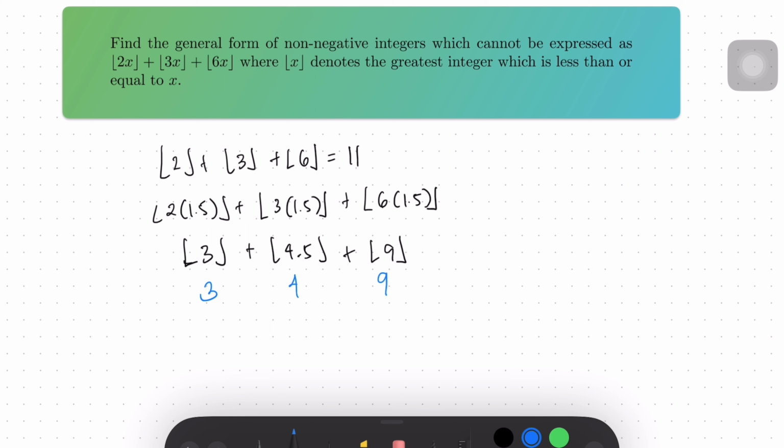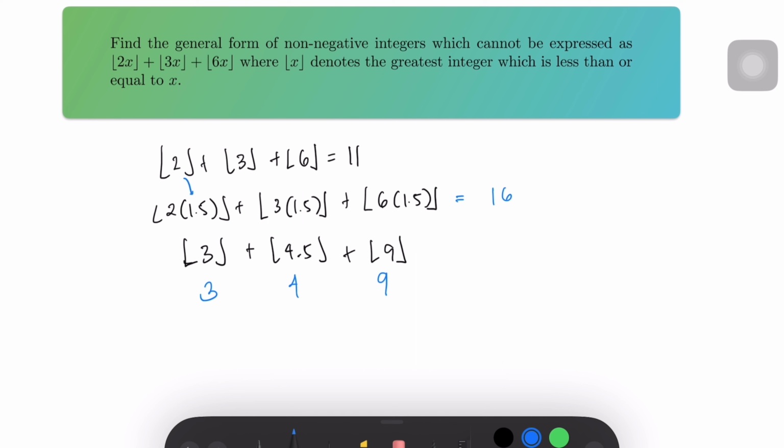So the sum of this one is 16. We can work out a few more examples, but as you can see here, by jumping by 0.5, coming from 1 to 1.5, we effectively skip a few numbers. Coming from 11, we got 16.